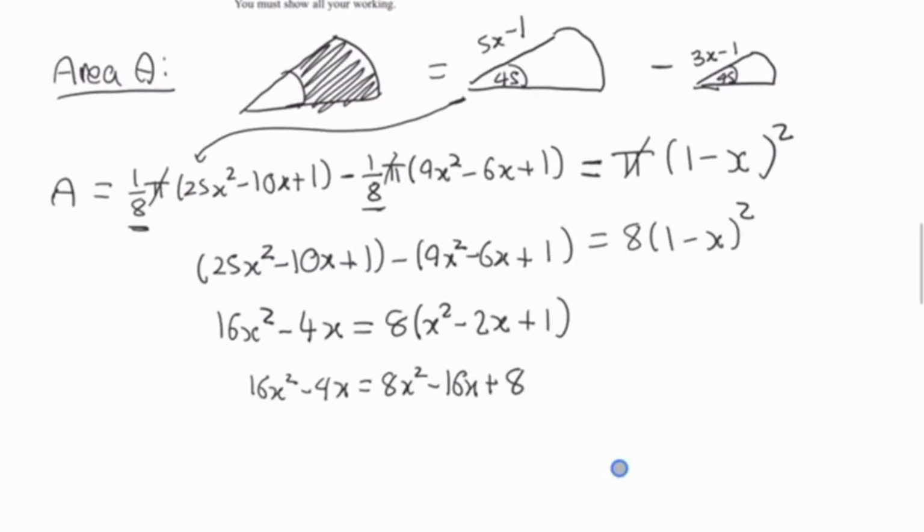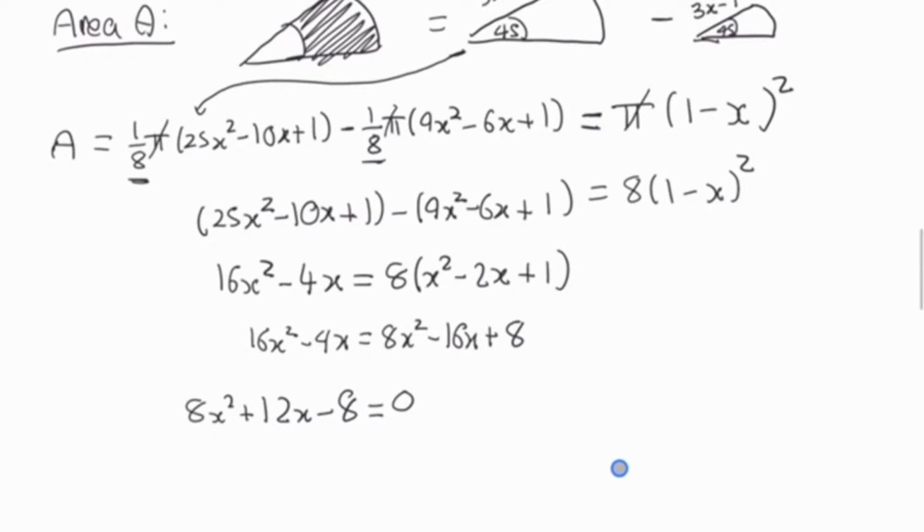Now what we can do is bring all our terms to one side of the equation. So we have 8x squared, bringing everything over to the left hand side, plus 12x minus 8. I'm just checking if this is correct. Hopefully I haven't done anything wrong.